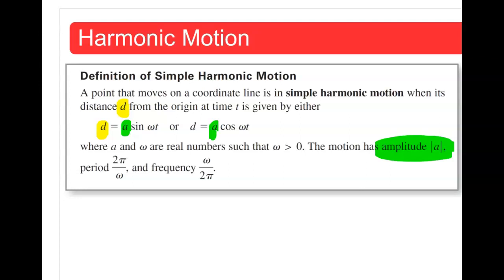Our independent variable in this case, instead of x or theta, is t to represent time. And this Greek letter omega, which looks like a W, is going to be affecting the frequency and the period for the harmonic motion.